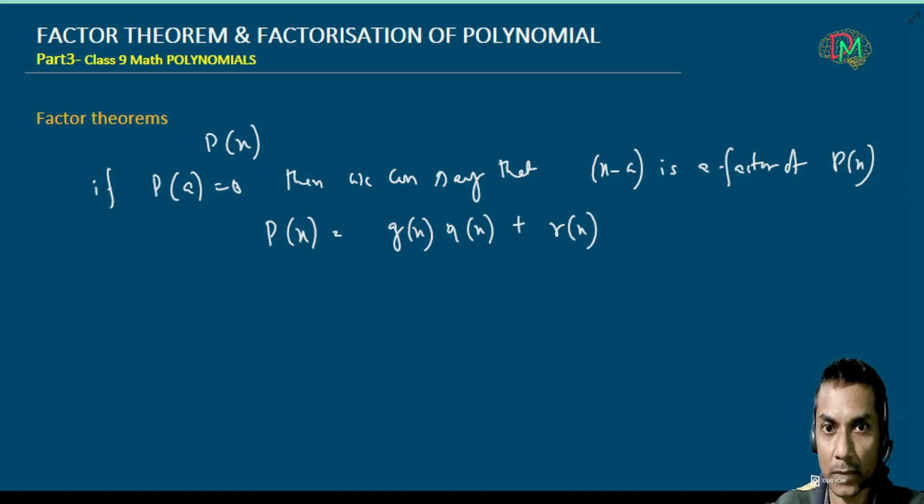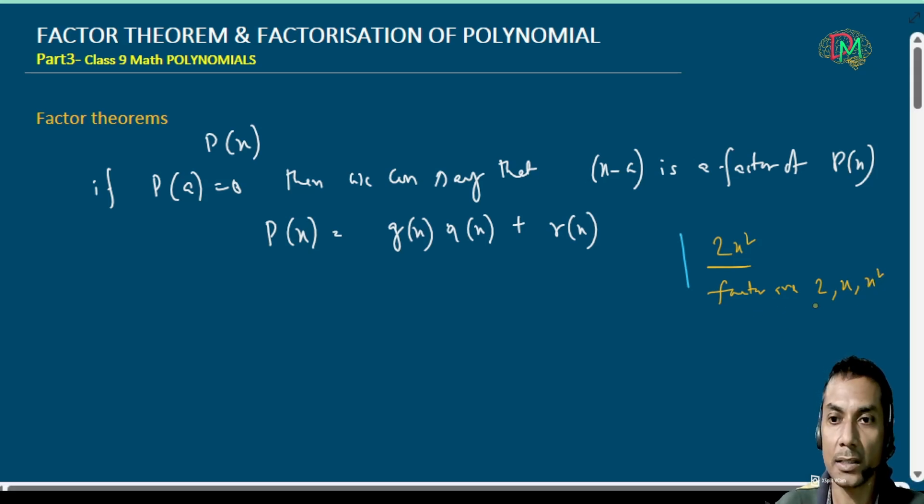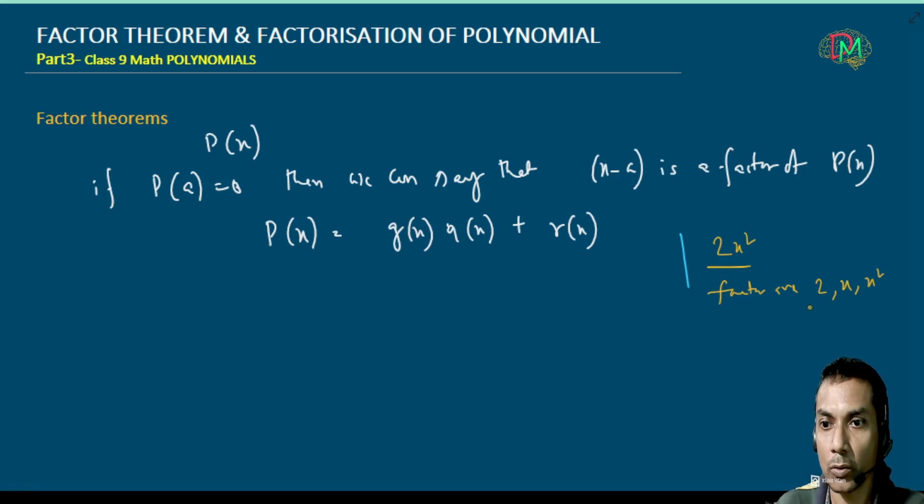What is the definition of the factor? We should remember this concept. If I ask you what are the factors of 2x square, the factors are 2x and x square. Clear? Also 1 and 2x square, the number itself, and also the 1. These are the factors.